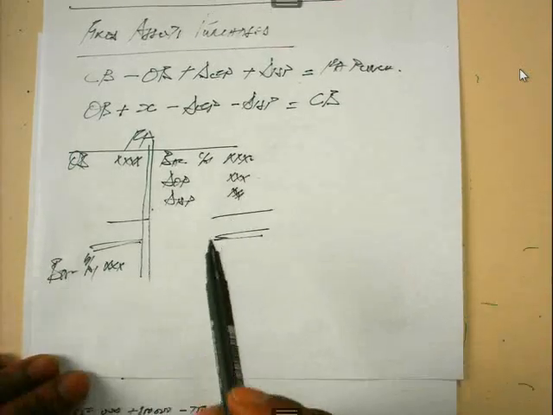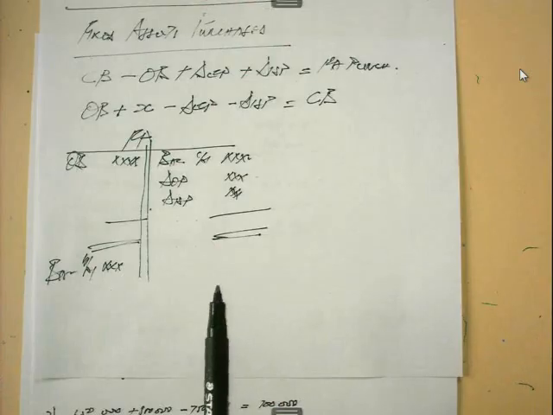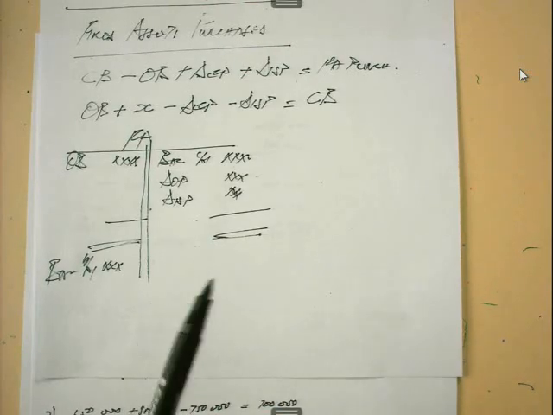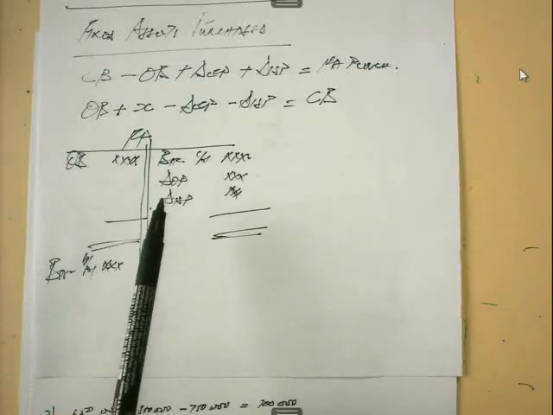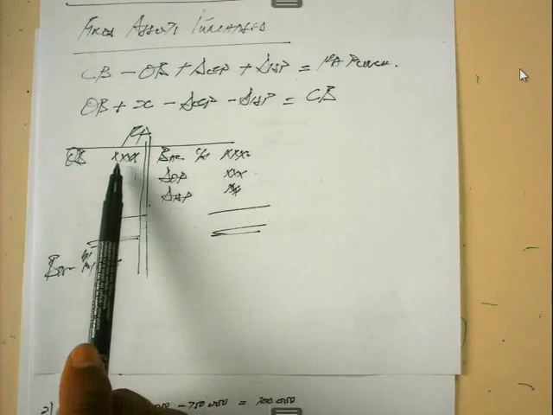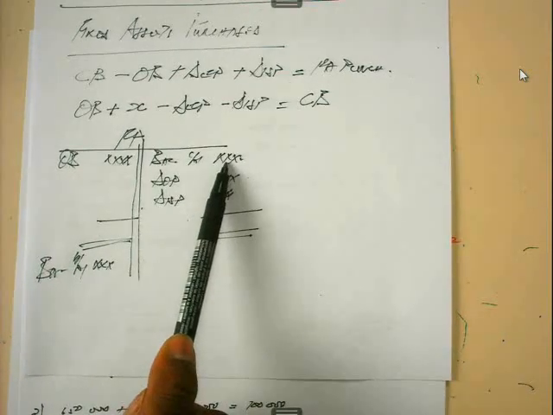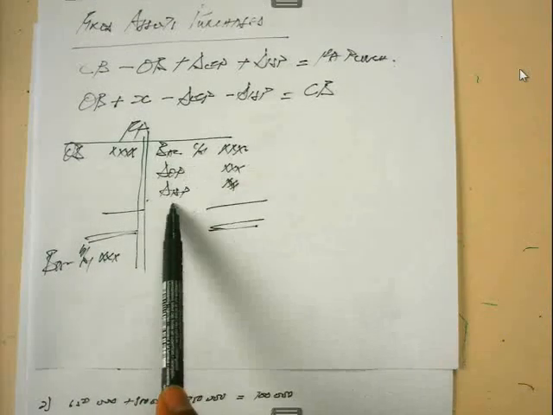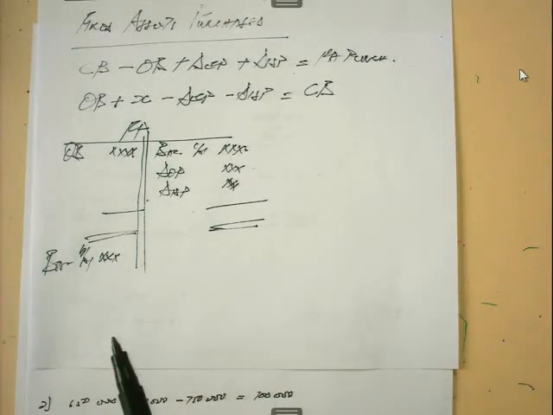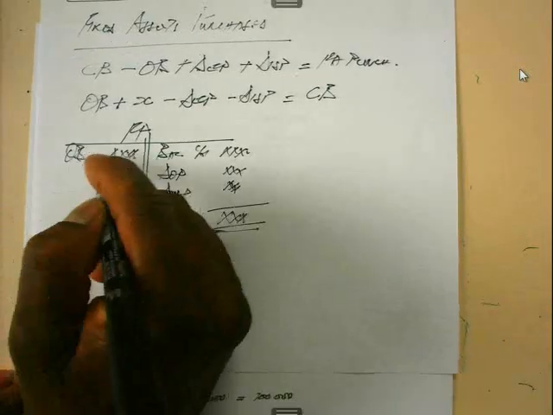Remember, it is not necessary that you put in these details, because where the question says calculate, you can have this T without necessarily putting in the details. But make sure that you've got your opening balance here, your closing balance as the balance carried down, your depreciation as well as your disposal.